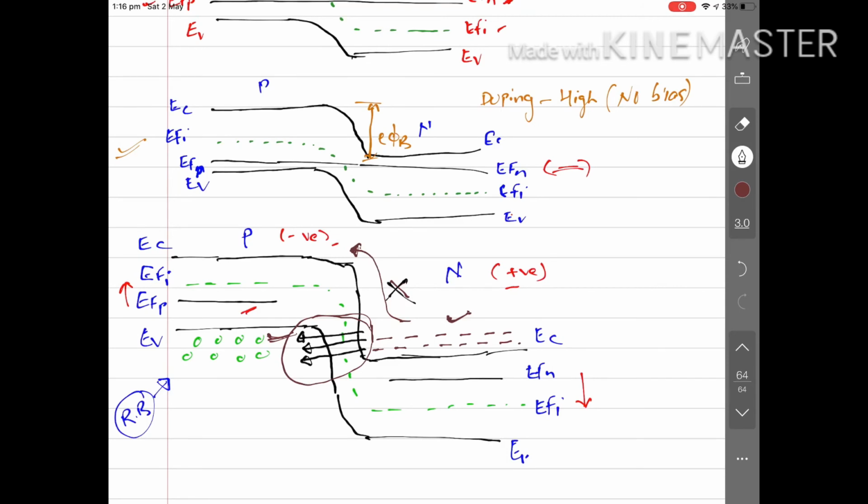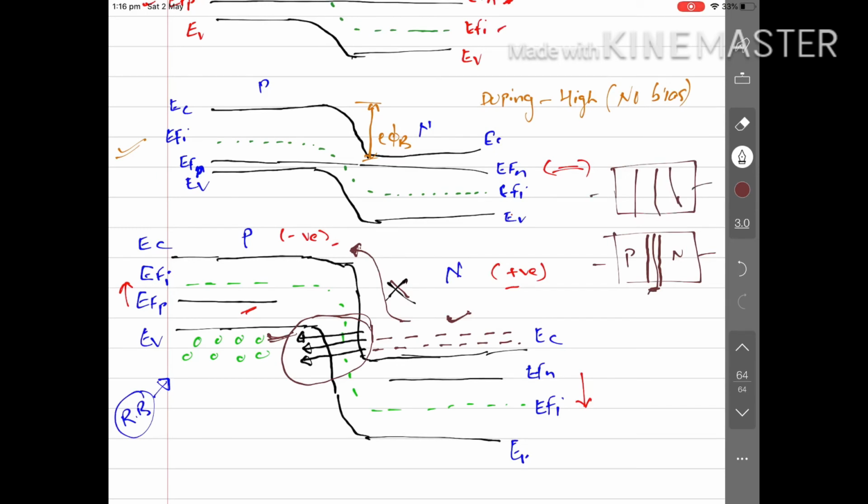So when the built-in potential increases, the barrier width decreases. So the width of the barrier is very small in the Zener diode. The width of the depletion region is very small in the case of the Zener diode, but in a normal diode the width is moderate.